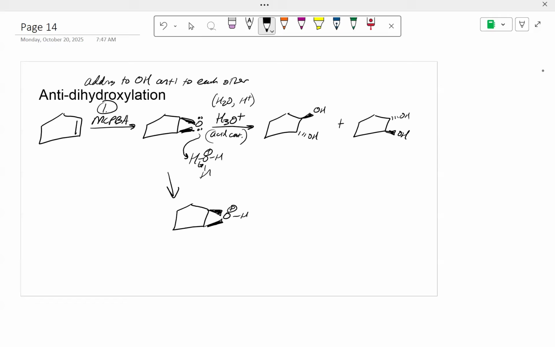Now I've protonated that oxygen. It's going to make these carbons even more likely to be attacked because we're going to treat this as a leaving group. And so water is going to come along here and attack one side of the epoxide.